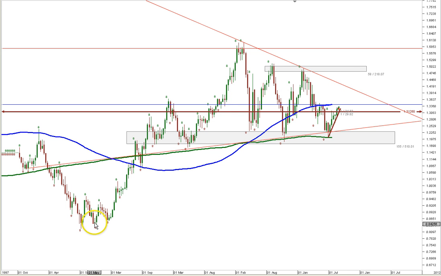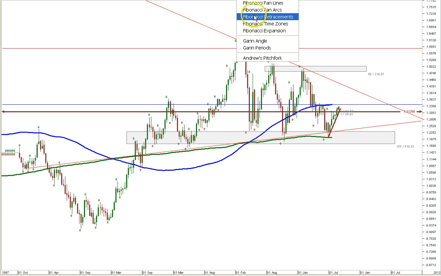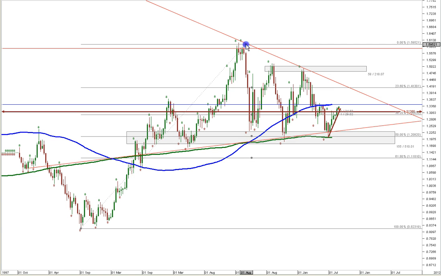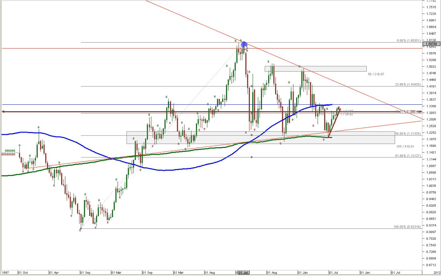Now looking at this low here, this fractal level low and this fractal level high, let's put in Fibonacci retracement levels, right? So we'll go from this low to this high. And now we color it in so we can see it.